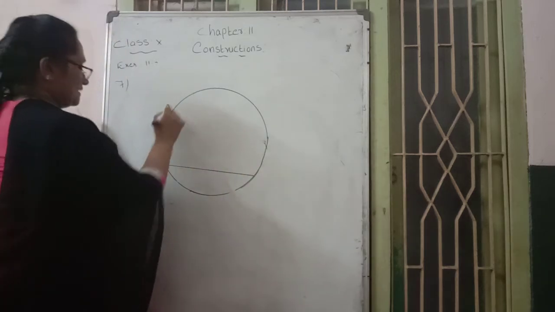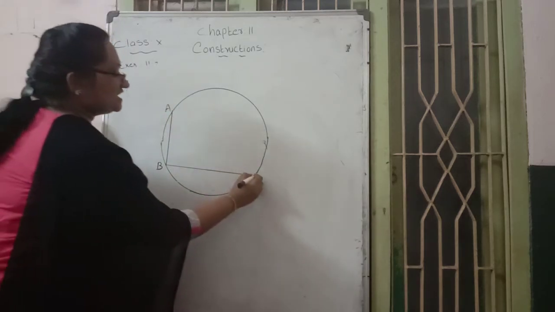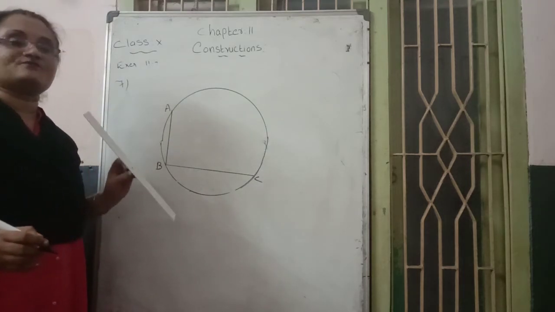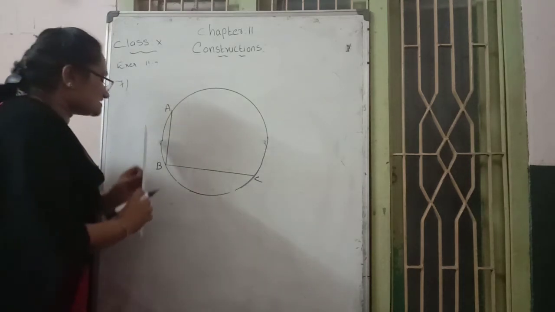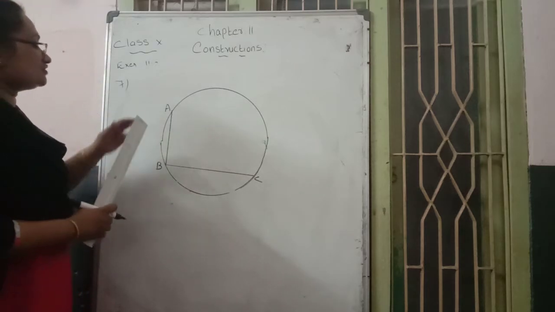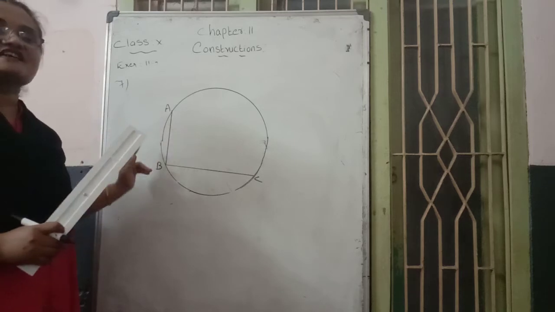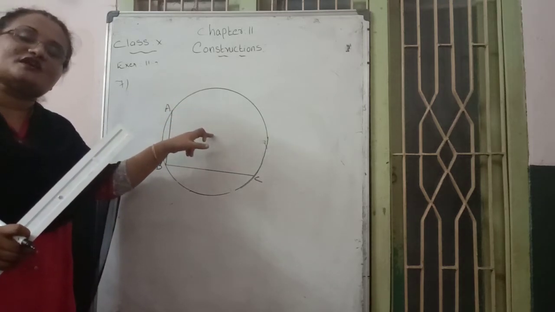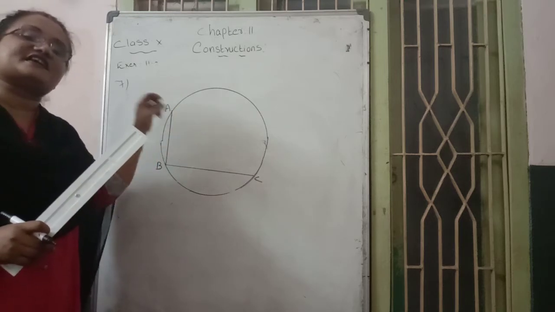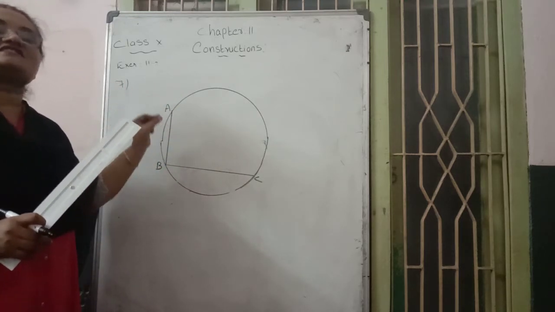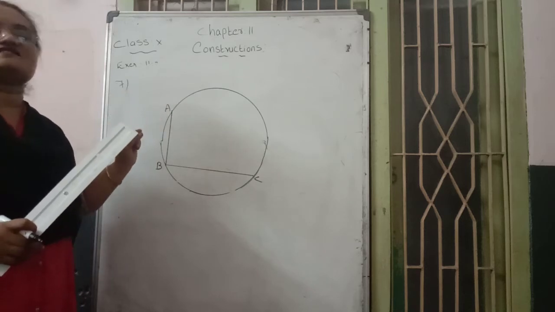AB is the first chord and BC is the second chord. Then draw the perpendicular bisector for these two chords. Where the two perpendicular bisectors intersect, that point represents the center of that circle.